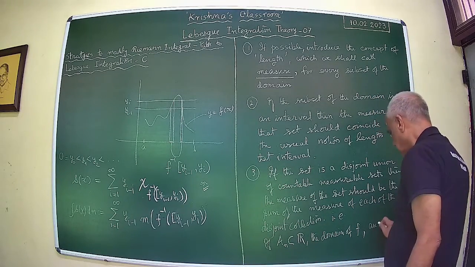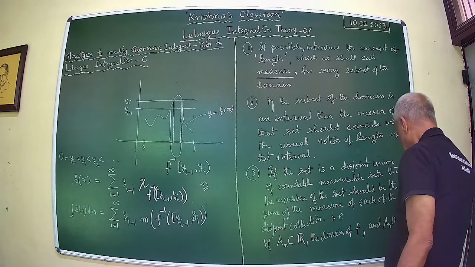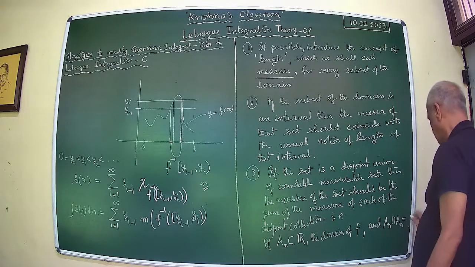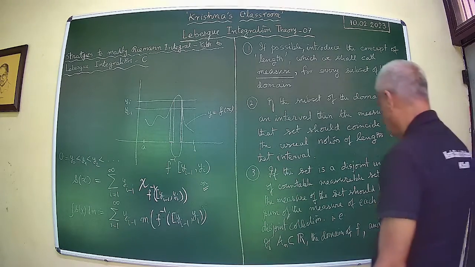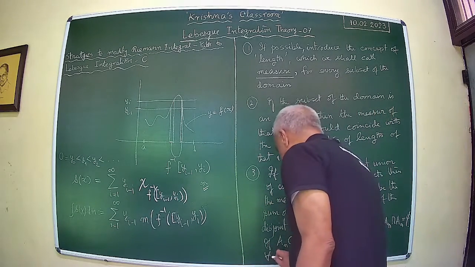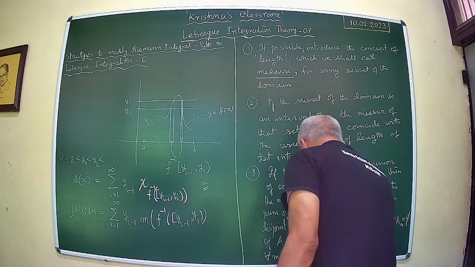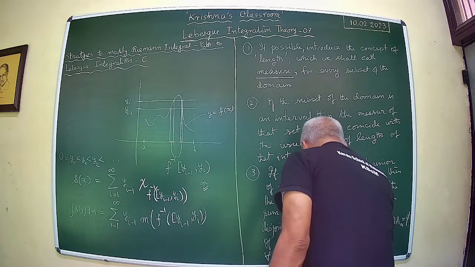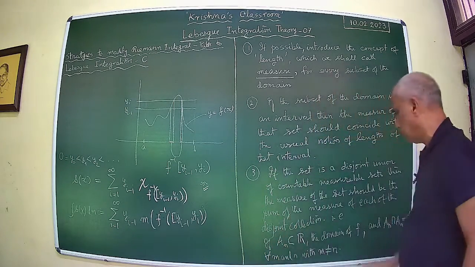And they are pairwise disjoint, for every m not equal to n. That means they are pairwise disjoint.